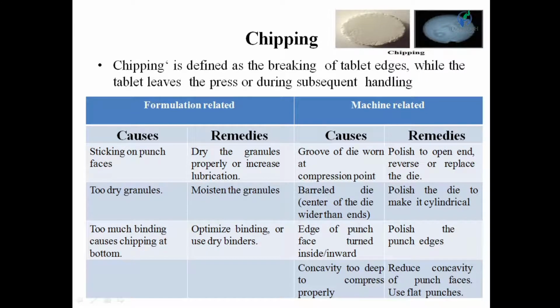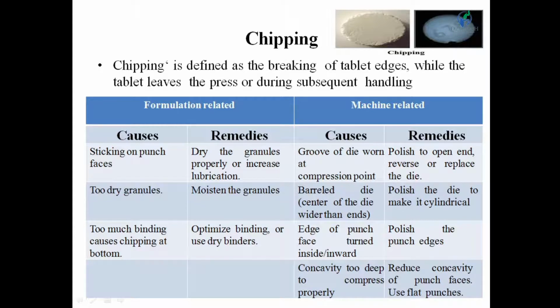Next one is chipping. Chipping is defined as the breaking of tablet edges while the tablet leaves the press or during subsequent handling. So chipping is the breaking of tablet edges while the tablet leaves or separates from the tablet compression machine. Formulation related causes and their remedies.